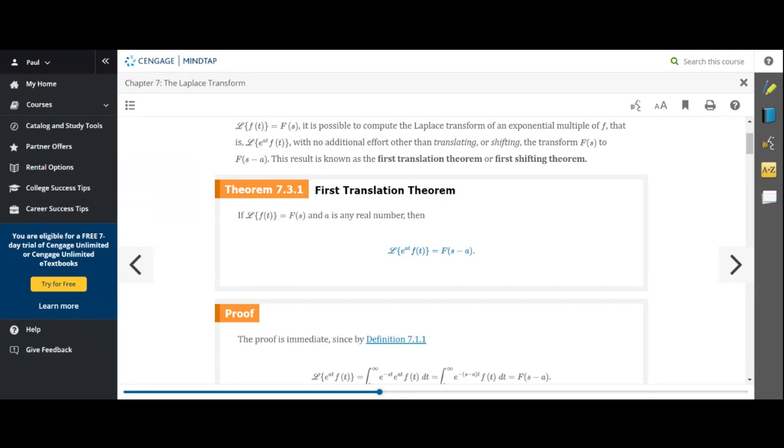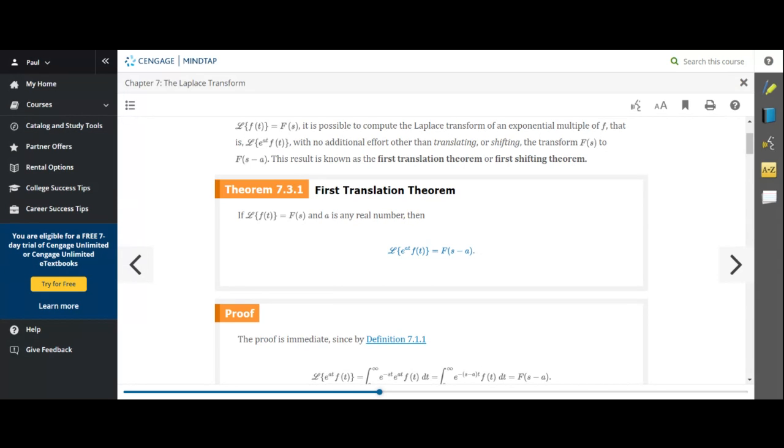So you have seen now how we can use Laplace transforms to solve a differential equation, and we want to be able to solve a wide variety of differential equations, and to do that we need to learn a few more rules.